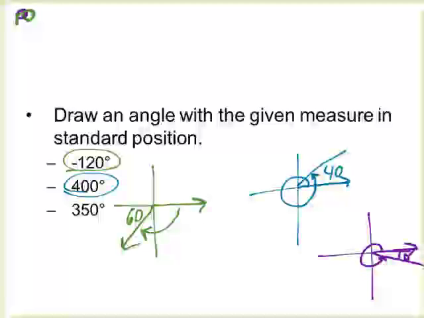Questions on graphing angles? Now, do we have to do this exactly for our homework, or no? What do you mean by exactly? Like, do we have to graph it precisely? Graph it just like this. You don't need to be precise with a protractor and a straight edge.